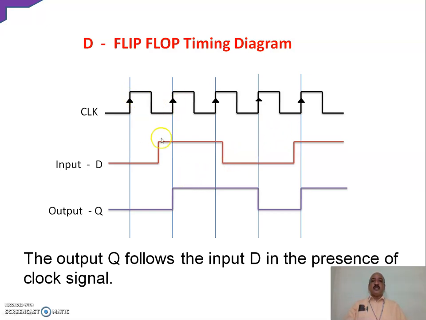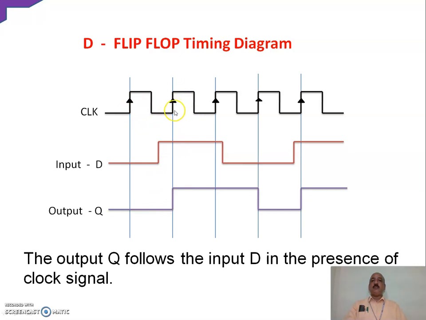When the clock is made 0 to 1, whatever the D is, that will appear at the output. And the output will remain in the same state till the next clock pulse comes. So in this duration, the output will remain the same.